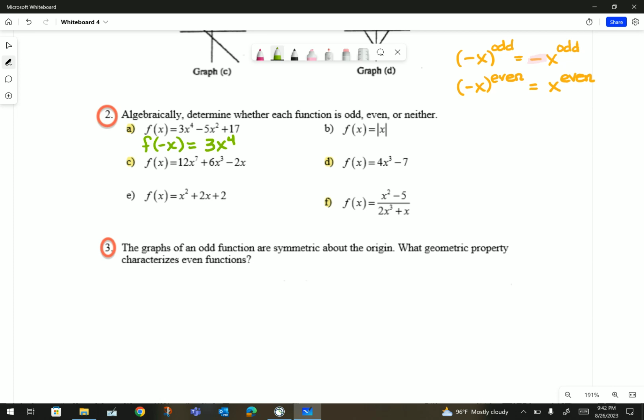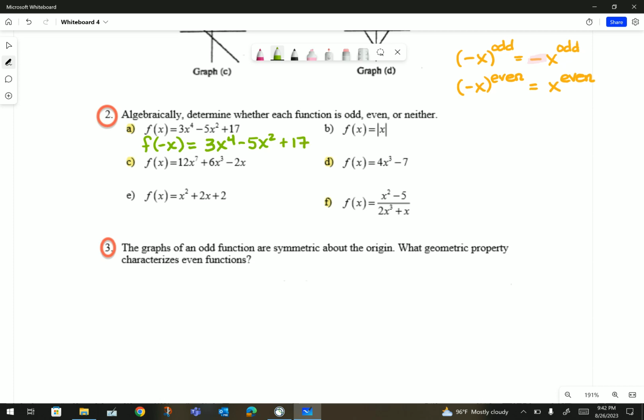Negative 5x squared, if I substitute negative x, nothing's going to happen, because a negative x raised to an even power will always be positive. So negative 5x squared stays the same. No switching of signs. Opposite sign means odd. Plus 17 is a constant, so we're going to leave it as is.